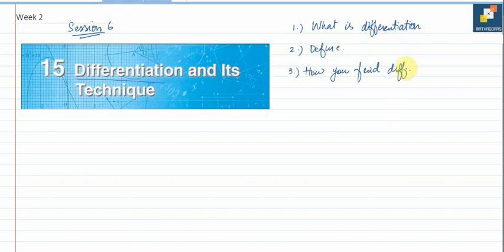All right, so the first answer: what is differentiation. Differentiation is basically rate of change. In very easy words, I am explaining to you that differentiation is basically rate of change. It measures the change of one variable with respect to another.